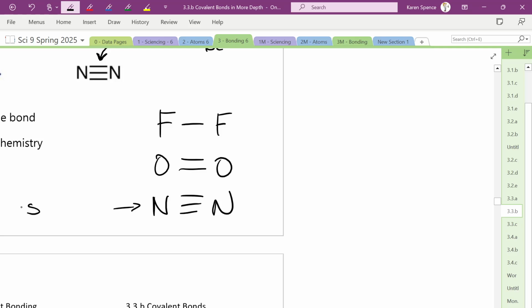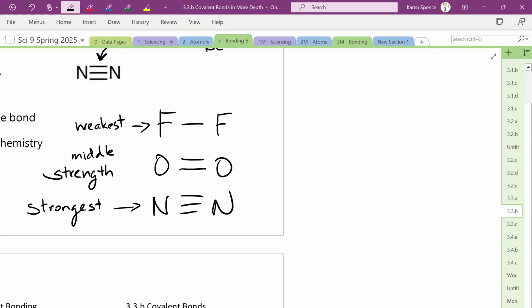So this is the strongest. This is the weakest. And of course, oxygen is in the middle. The double bond is in the middle, middle strength. You can almost think of it like there's ropes holding them together, and fluorine has one rope, right? And oxygen has two ropes, and nitrogen has three ropes. The one that has three ropes holding it together is going to be the strongest.